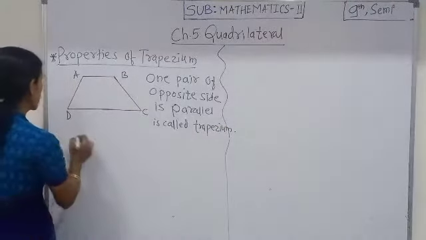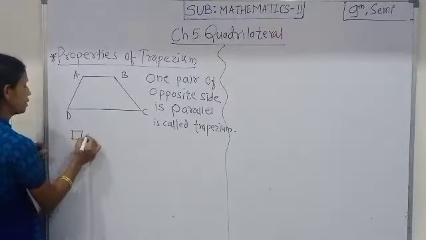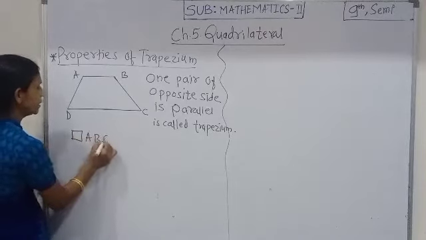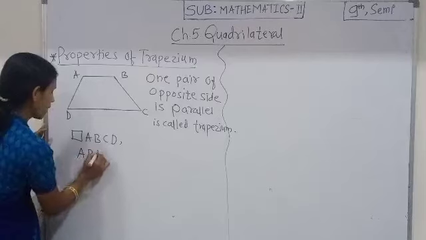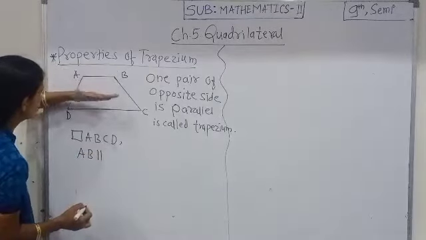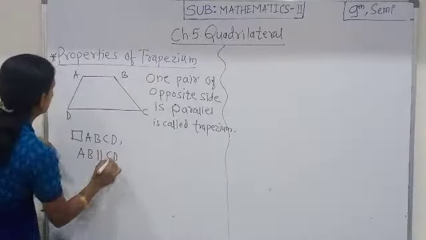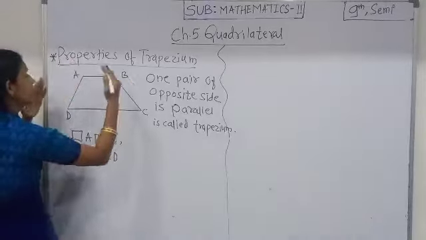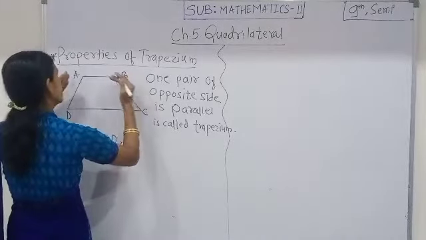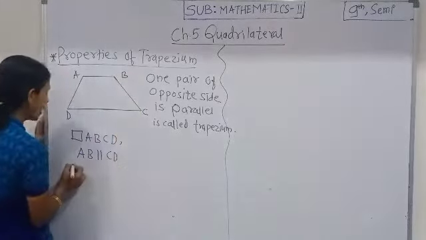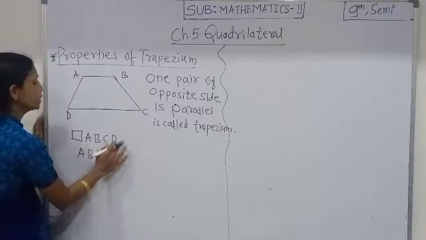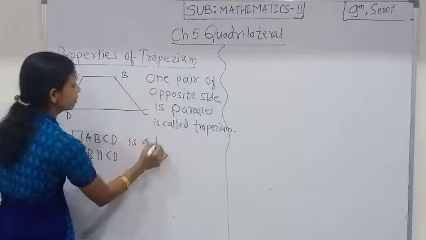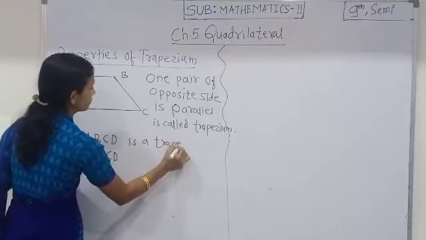See here, in quadrilateral ABCD, AB is parallel to CD, and sides AD and BC are non-parallel, and therefore quadrilateral ABCD is a trapezium.